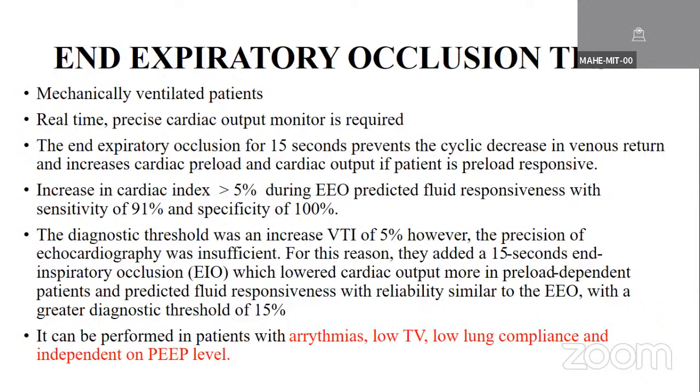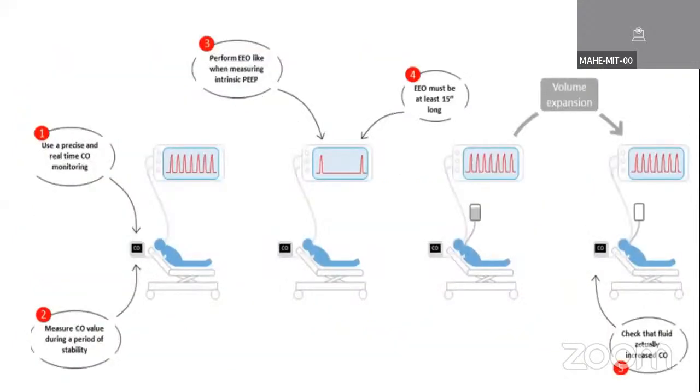The advantage of the end expiratory occlusion test is that it can be performed in patients with arrhythmias, low tidal volume, and low lung compliance, and it's independent of the PEEP level. So it is performed like this. First, we need to use a precise real-time cardiac output monitor, and we perform the end expiratory occlusion test similar to intrinsic PEEP.